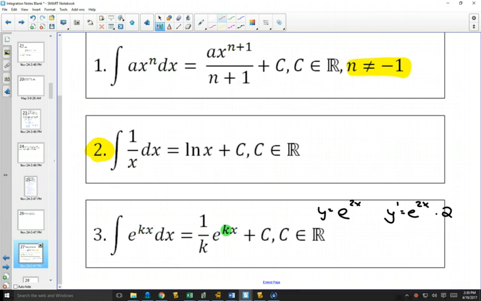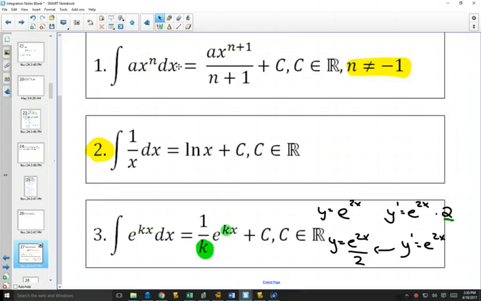So if you were working backwards, and you started with the derivative being e to the 2x, you would also still have e to the 2x, but since this e to the 2x has a chain rule where you'd multiply by 2, working backwards, you'd have to divide by 2 to compensate for that. And so that's why we have a 1 over k, or divide by k, the whole thing, if you have that extra constant. And that's one of the key things that we're going to be looking at today.